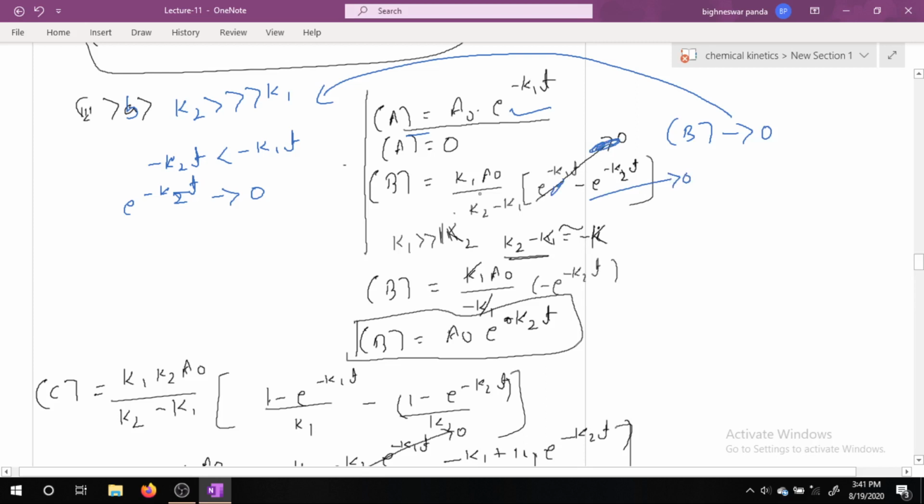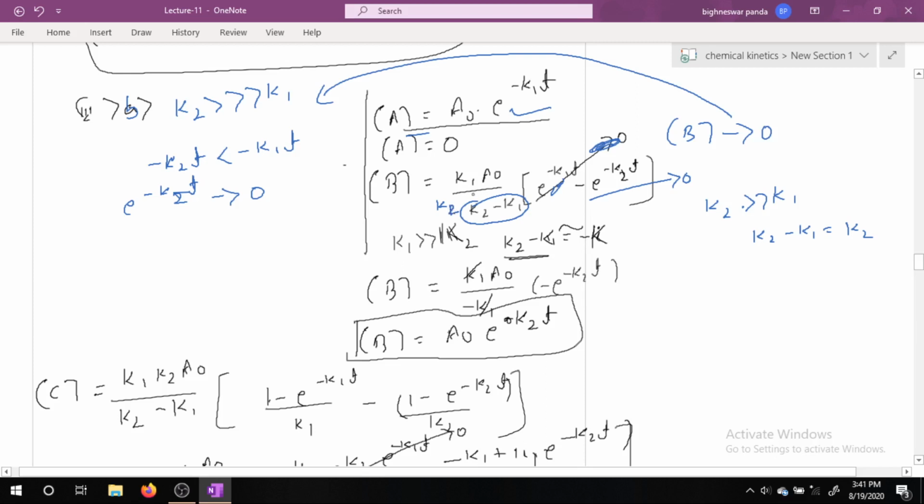As k2 is very much greater than k1, so in terms of k2 minus k1, I can write k2.